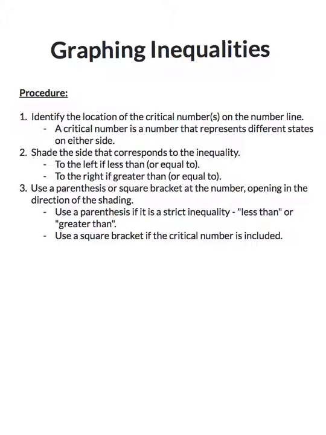The first thing that we want to do is identify the location of the critical number or numbers on the number line. The critical numbers are the numbers that are in our inequality. We call them critical numbers because on either side of these numbers, things change. For instance, to the left, it may be a true statement. To the right, it can be false, or vice versa.